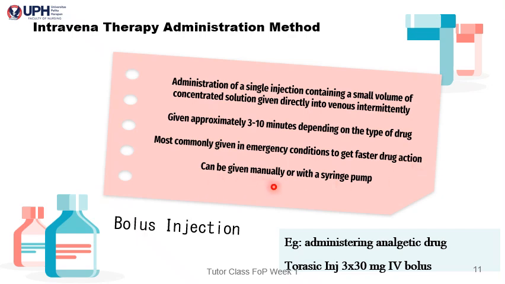You can give it manually using a syringe or use the syringe pump. So for example, if you're going to inject an analgesic drug, we can say an injection 3 times a day with 30 milligrams IV bolus. It means you're injecting it 3 times a day in one syringe.